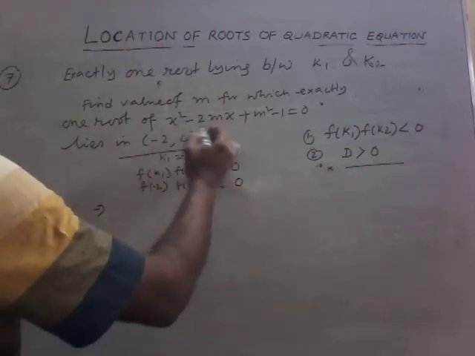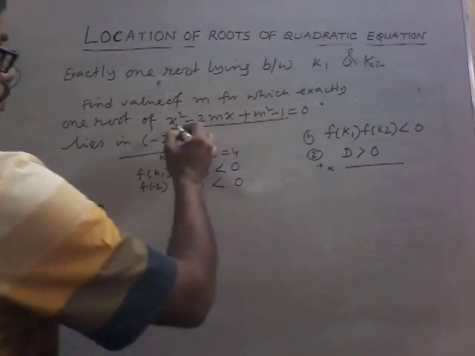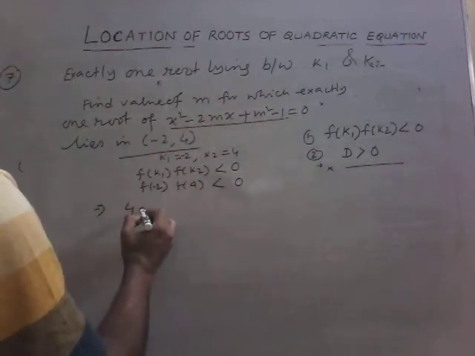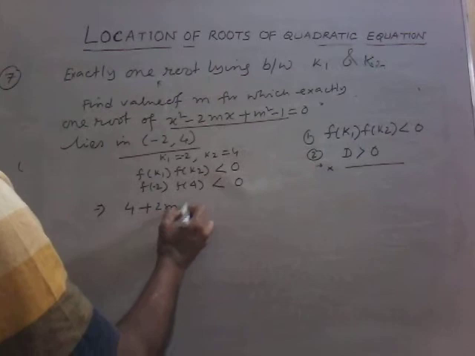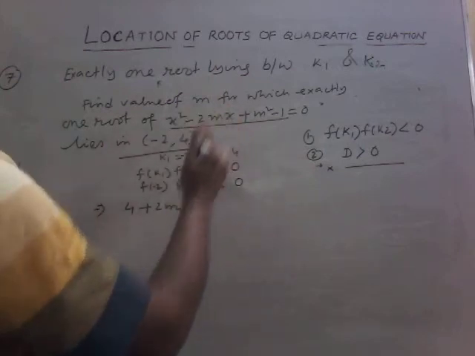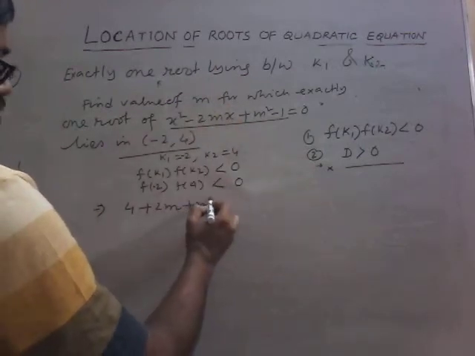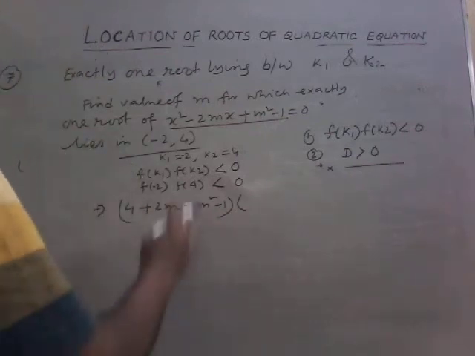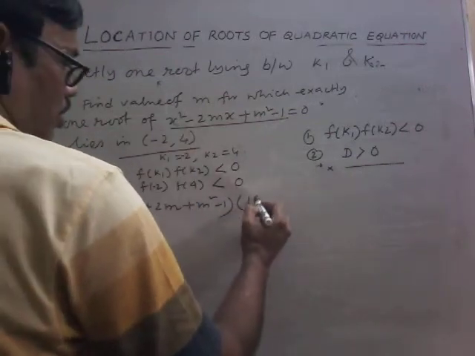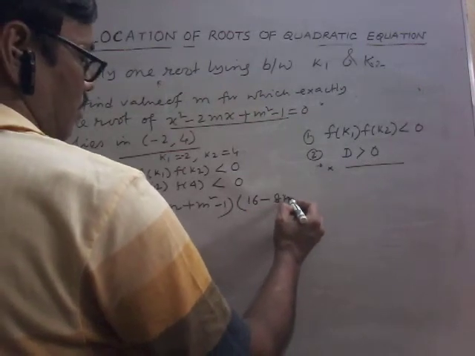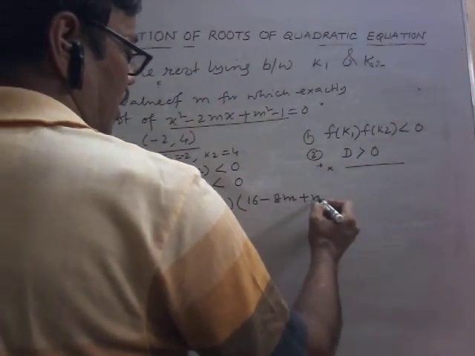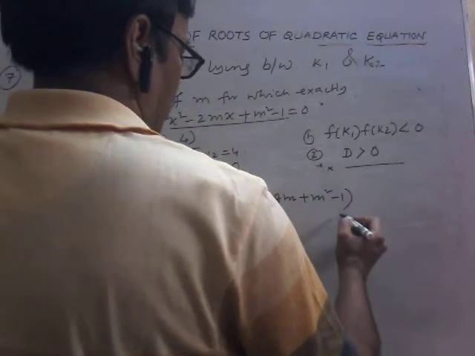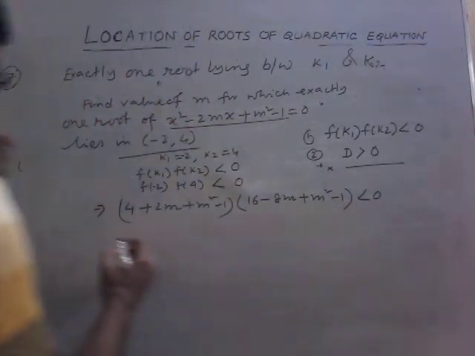So for f(-2), x is replaced by -2: 4 plus 2m minus 2 whole square plus 2m plus m square minus 1. And x is replaced by 4: 16 minus 8m plus m square minus 1 less than 0.